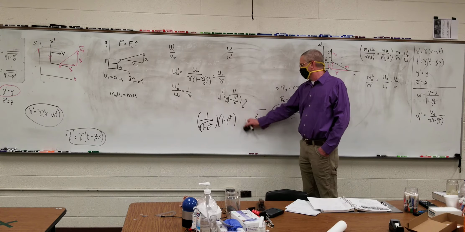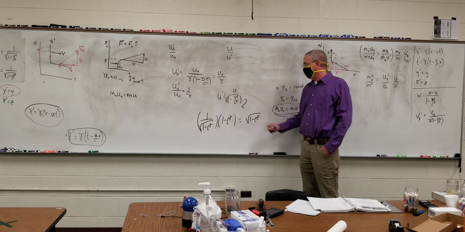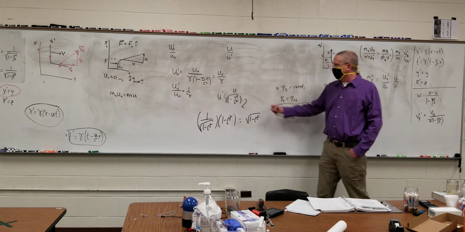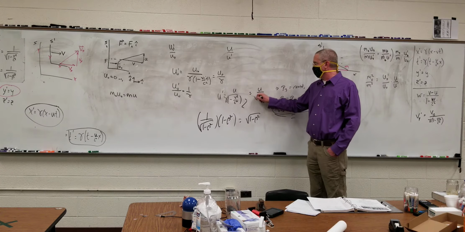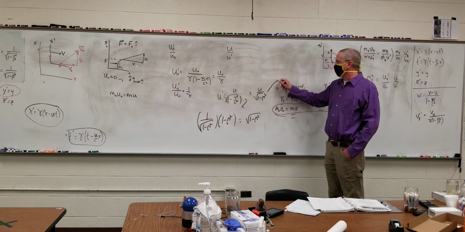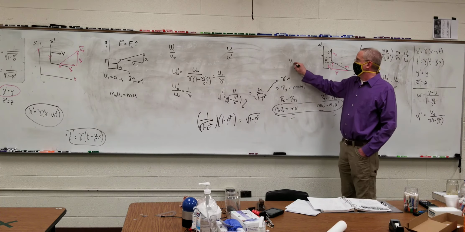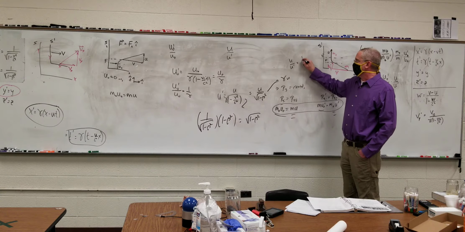Actually, that's just the square root of 1 minus beta squared. So this becomes u over the square root of 1 minus beta squared, which is just gamma times u. So u over u prime is equal to 1 over gamma.